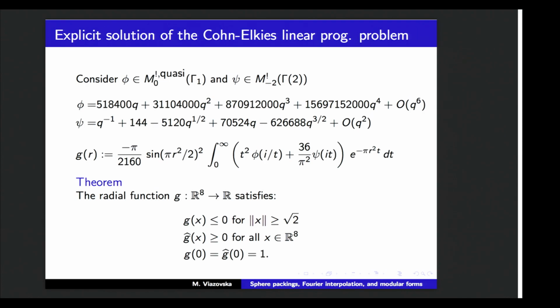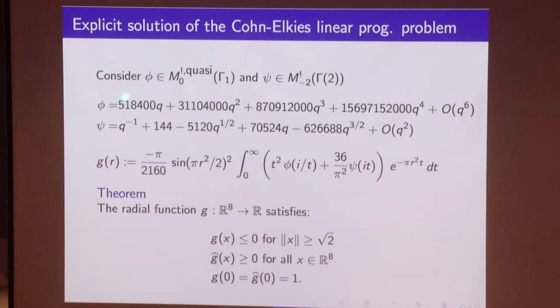Not by these coefficients, but also what I did not write down here is that we also want certain vanishing conditions for phi in other cusps. So here, this equation, for example, describes the behavior of phi at the cusp infinity.